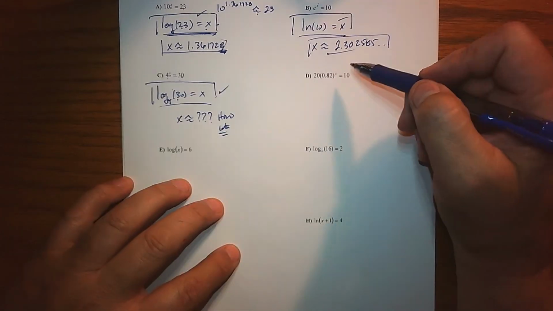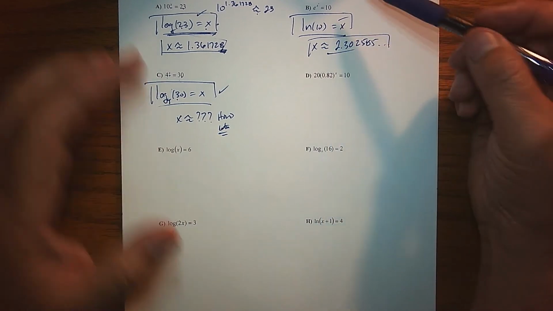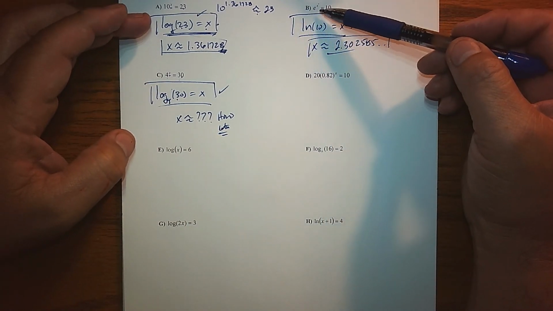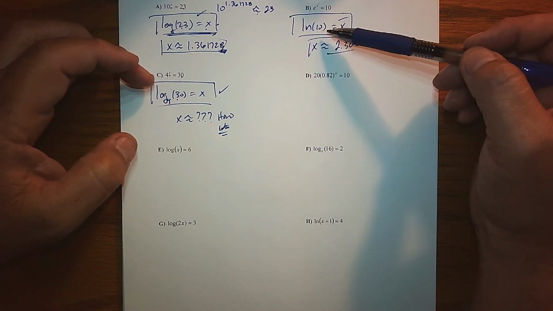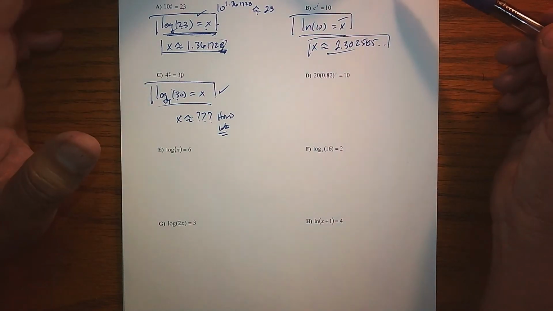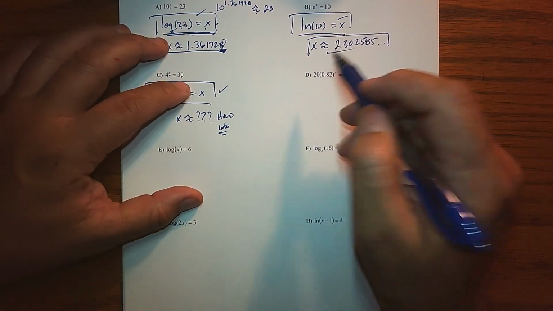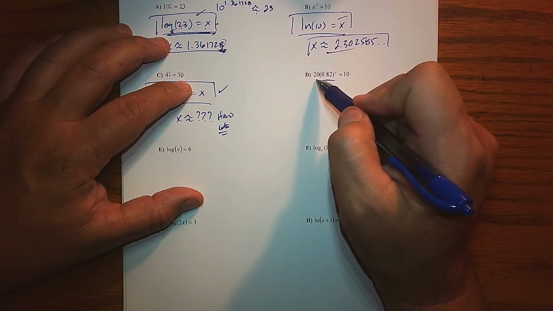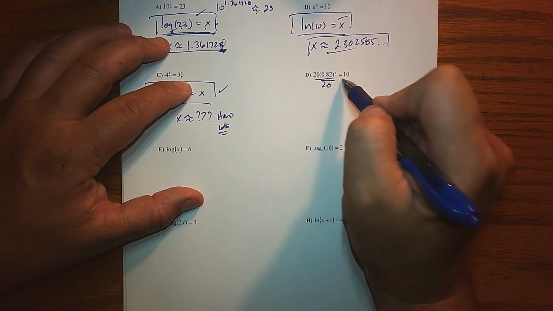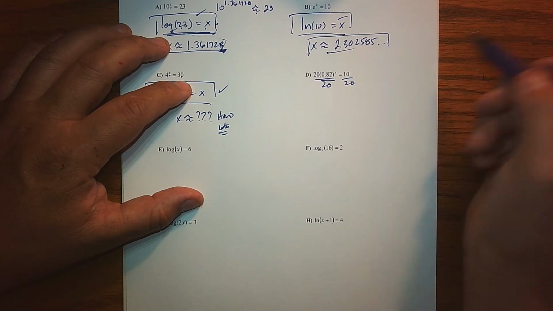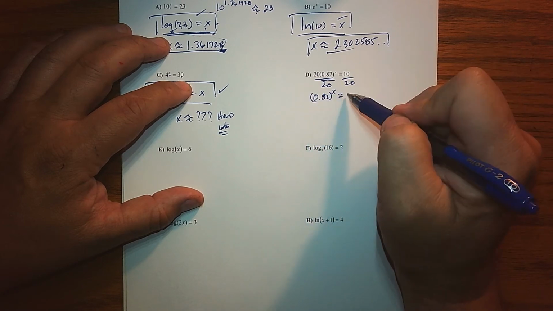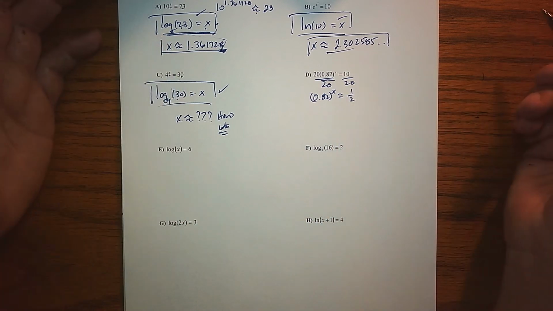Same thing here, but we have a little wrinkle. Notice that in A, B, and C, the exponential part was all by its lonesome, so all I had to do was convert it and I was done. But in this case, there's the exponential part, 0.82 to the x power, but there's this little 20 in the way. So algebraically, let's just divide both sides by 20, and we get 0.82 to the x power equals 1/2.